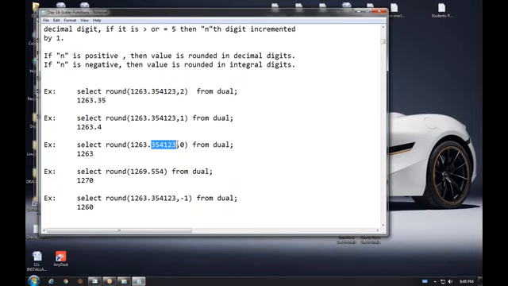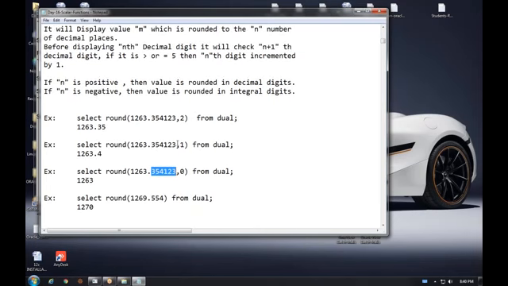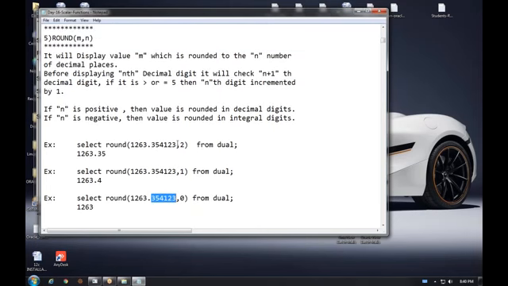So what is the round function? The round function rounds the m value. It will round the decimal part or integral part to the specified number of decimal places.